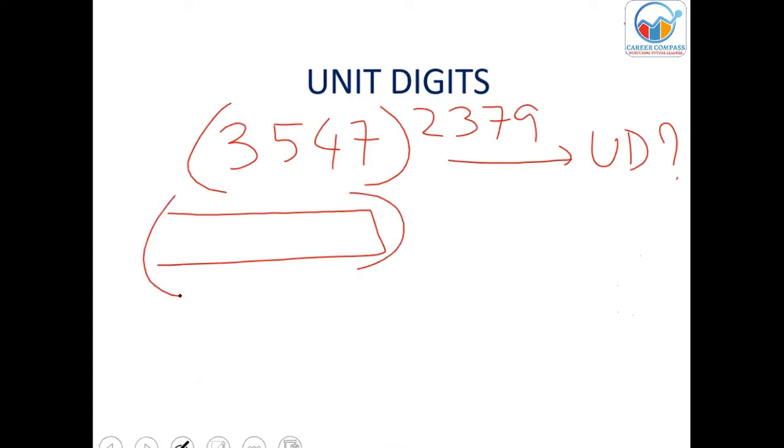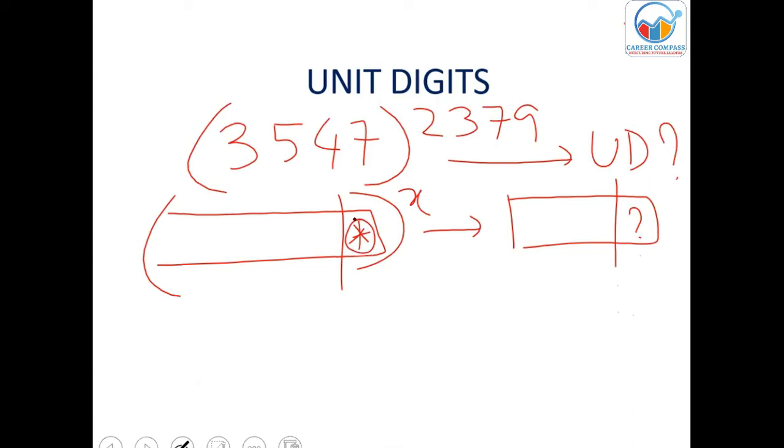If I look at a number to the power x and we are trying to find the unit digit, the value of the unit digit depends on the unit digit of the base. All the remaining numbers are not important. These are redundant. When I'm trying to find out the unit digit, all I have to check is the unit digit of the base.